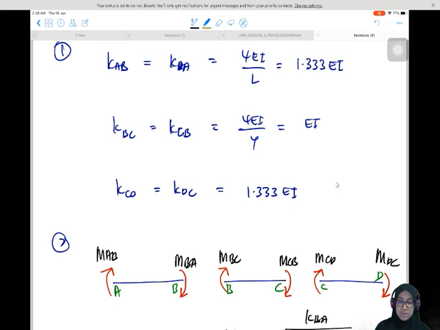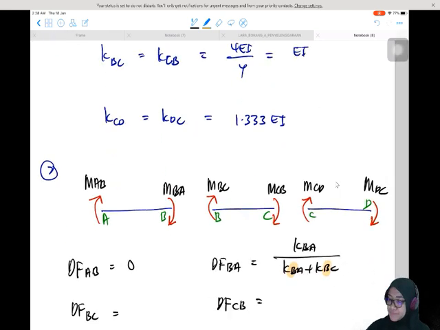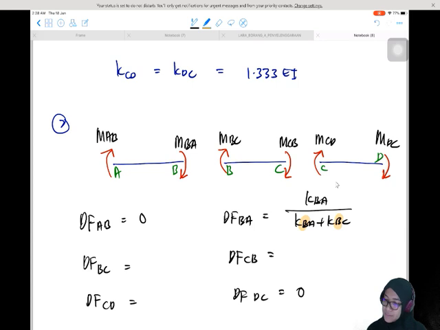1.333 divided by 2.333, 0.571. So this one is equal to 0.571. Okay.